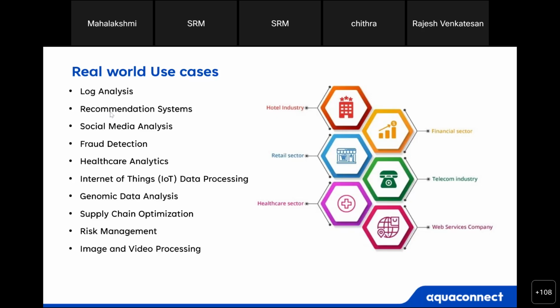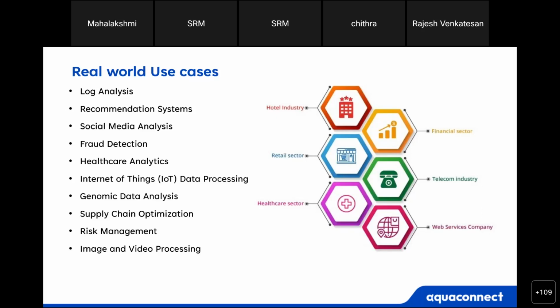Recommendation systems. The best example is our e-commerce and media companies. We use Hadoop to build a recommendation engine. After that, it offers us personalized products based upon our historical data. As we have seen, YouTube suggests content to us, and on Facebook also, as per our searches, some content is given to us, right?